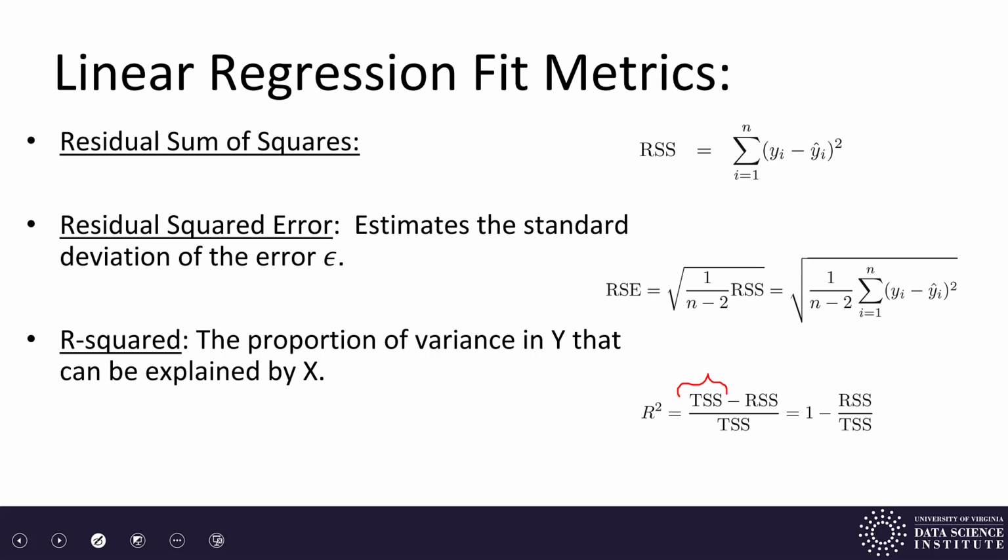So that's the total variance that's in Y. And then RSS, which is the residual sum of squares, that's the variance that's not explained by X, or the error variance. And when we subtract these two in the top term, we get the amount of variance in Y that is explained by our linear regression model on X. When we look at the bottom of this fraction, we have total sum of squares, which is the total variance in Y.